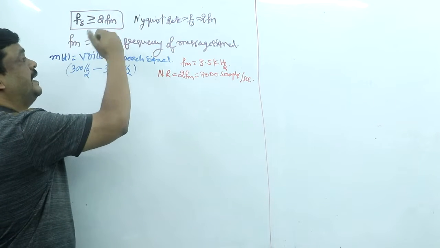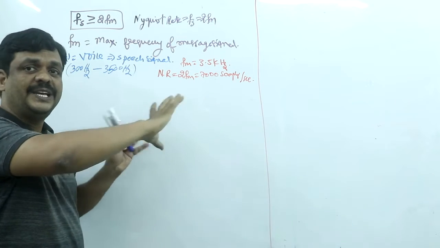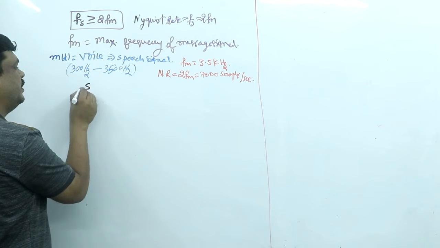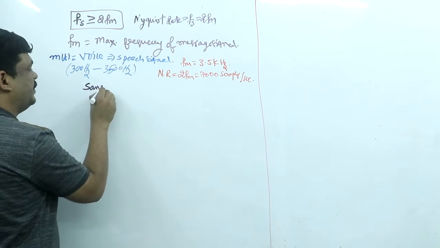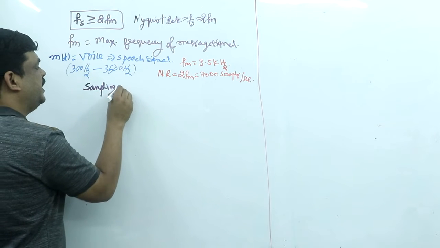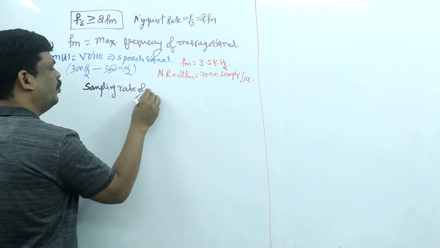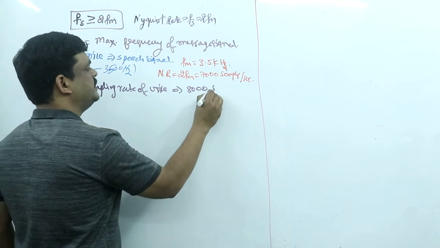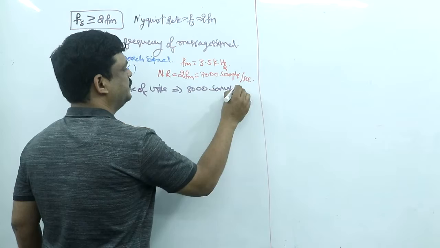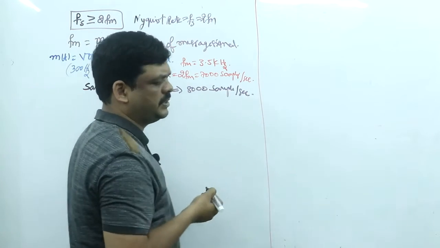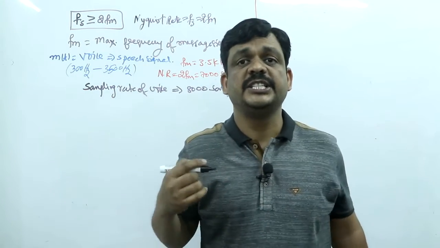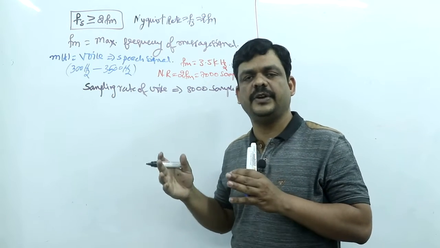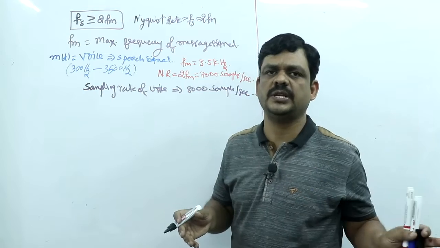According to this analysis, we take the sampling rate greater than or equal to this for speech signal processing. For speech signal processing purposes, the sampling rate of a voice signal is 8000 samples per second. This is the generally used standard frequency if you want to convert voice signals into digital.